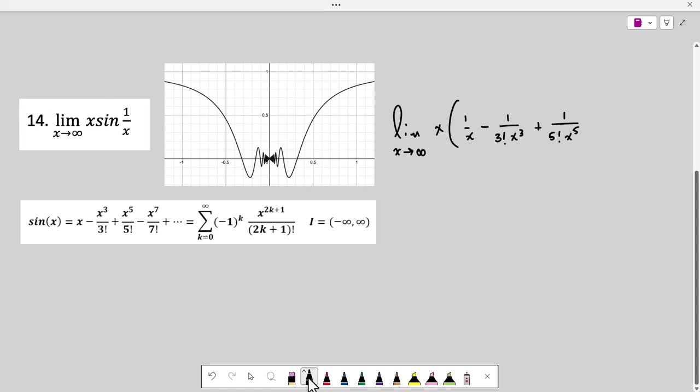And then minus 1 over 7 factorial x to the 7 plus etc. So this will be equal to the limit of, if we distribute this x, don't we end up with a bunch of denominators that are going to create fraction values of 0? So that's going to be our limit.